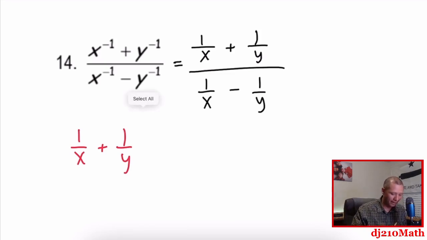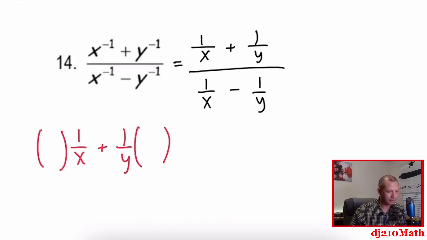But the fastest way to combine two fractions is whatever is in the denominator, that's the thing that I'm going to multiply the other fraction by, top and bottom.